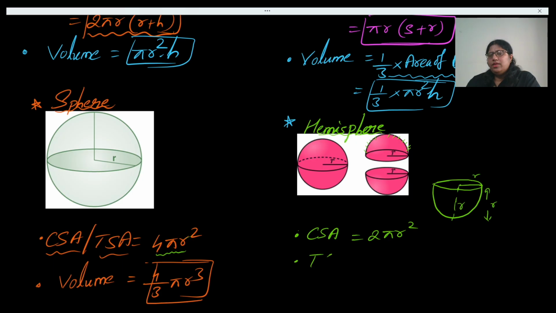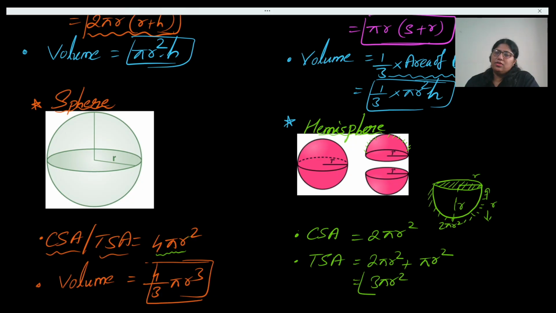Now, what is going to be the total surface area of a hemisphere? You take this part, which is already 2 pi r square, and the top is also circular in shape, so for the top, which is also a circle, the total area will be 3 pi r square, not 2 pi r square.